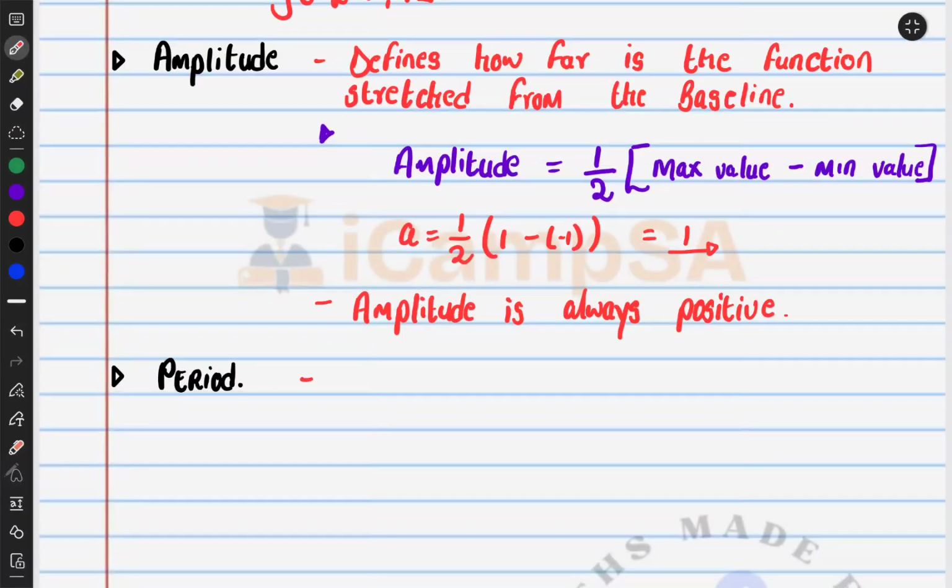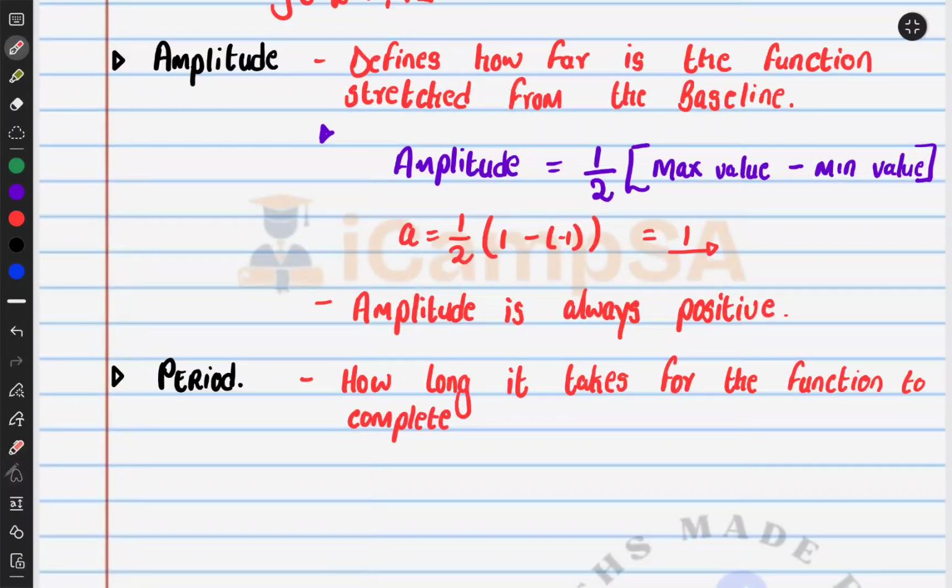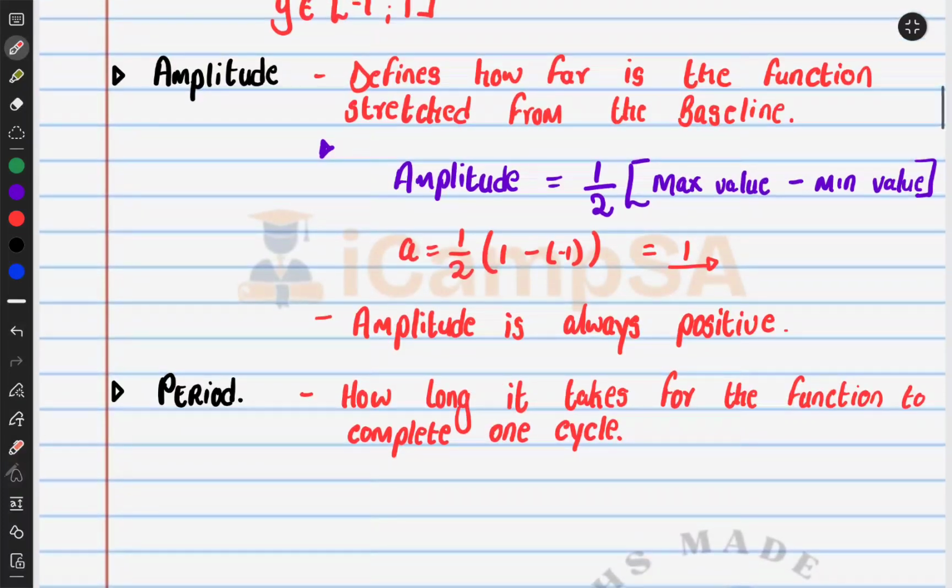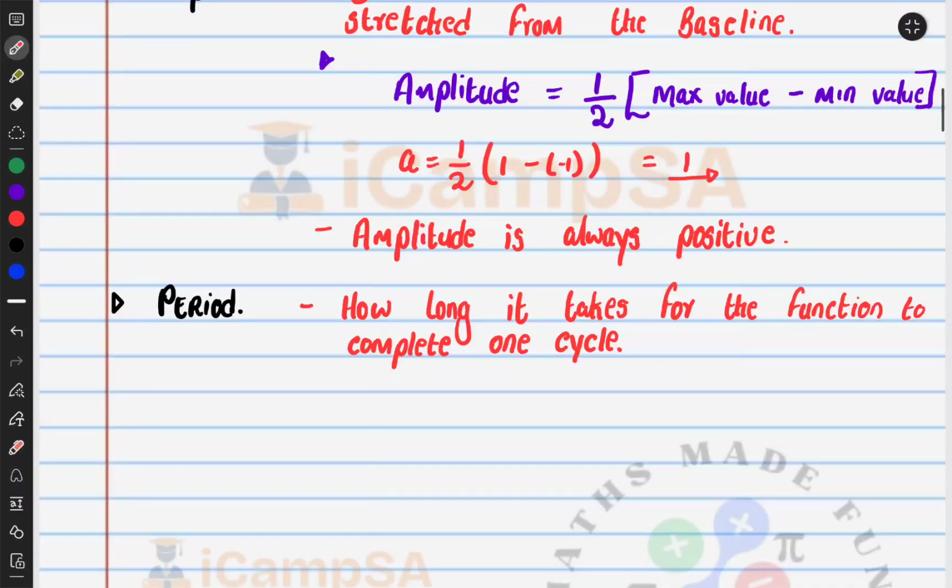So it defines how long it takes for the function to complete one cycle. That is our period.